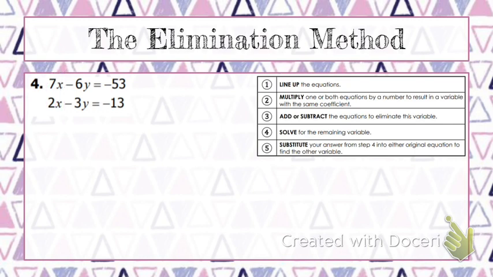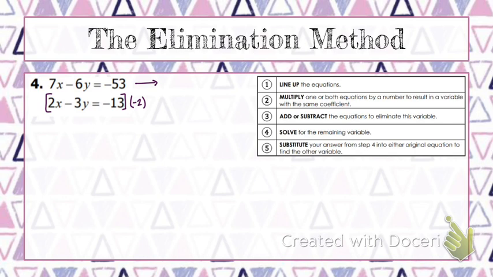So we are going to multiply the bottom, and I actually want to change this sign as well so that it all cancels out and it's one easy step. So I'm going to multiply this by negative 2, and that's just going to flip every sign for me, so that I can just add these equations together and go on.